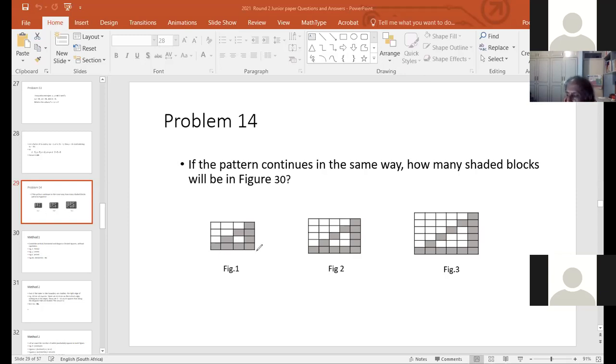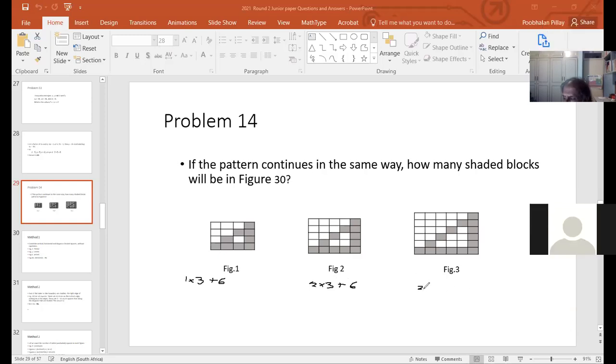So what you are saying here is, this 9 here is 1 times 3 plus 6. And here this is 2 times 3 plus 6, because that gives you 12. And this is 3 times 3 plus 6, so that's 15. So therefore, the 30th one is 30 times 3 plus 6, and that gives you 96.